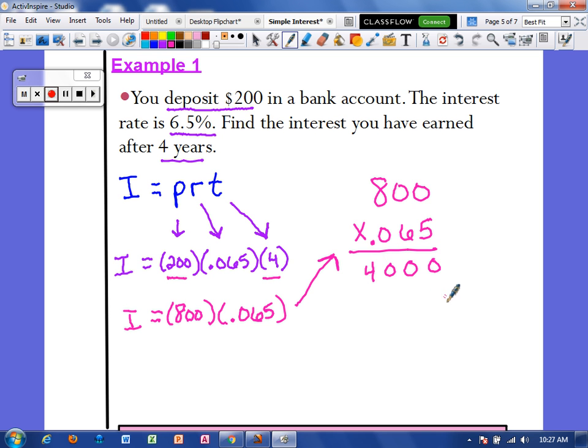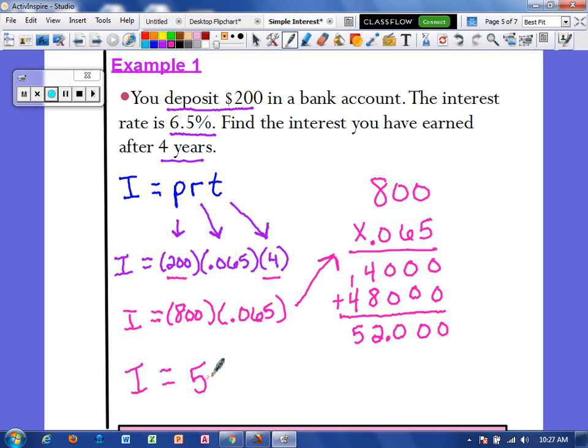I'm going to put the placeholder. 0 times 6, and 8 times 6 is 48. I'm not going to multiply by this 0 because that's just another line of zeros, and that will not change our answer. So I'm going to go ahead and add. And I have 3 decimal places. So the simple interest would equal 52, and that would be $52.